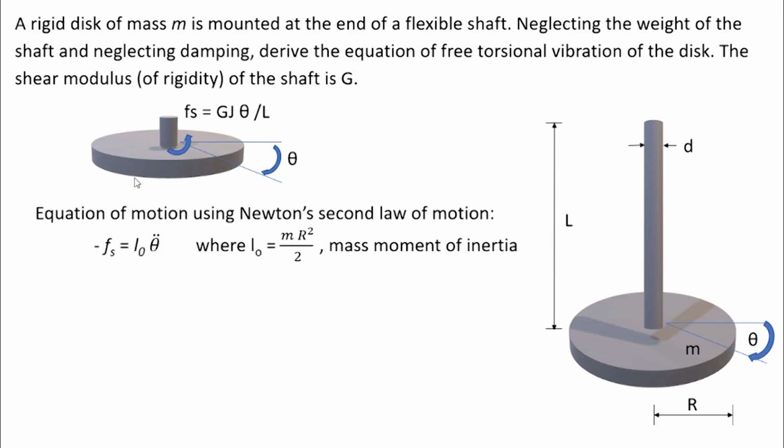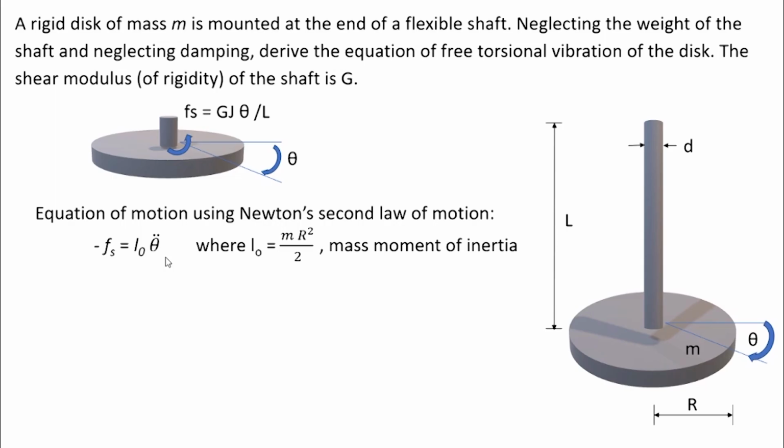So now we can write the equation of motion using Newton's second law, which says unbalanced force, in this case that is equal to the torque minus Fs, that should be equal to the inertia. So that is, if it was a translational displacement, this would have been equal to mass times translational acceleration. So here this is a distributed mass and we are also talking about angular displacement.